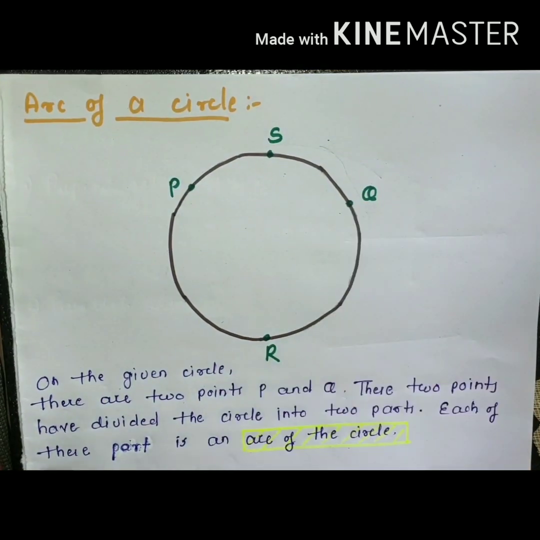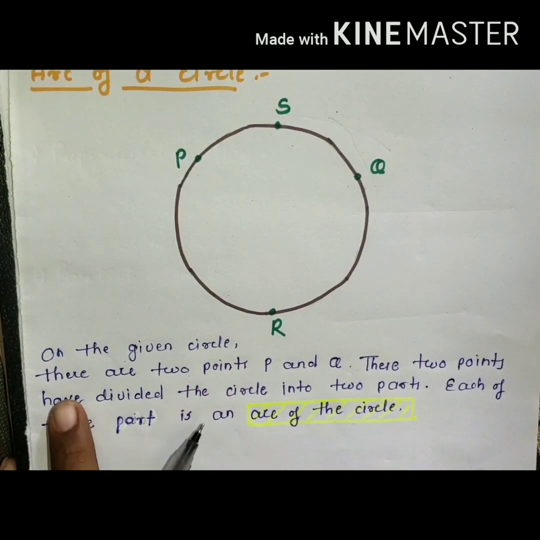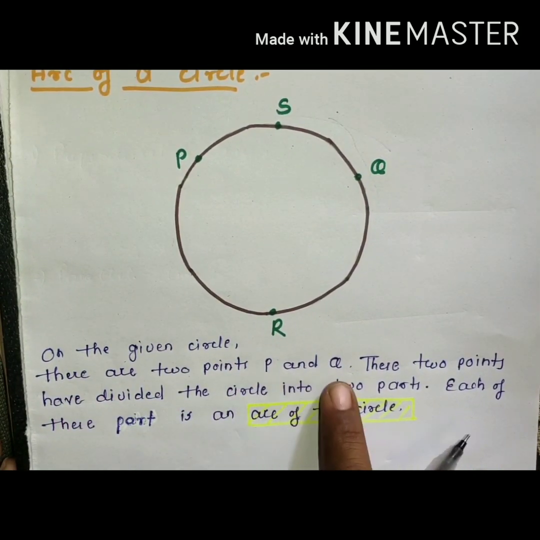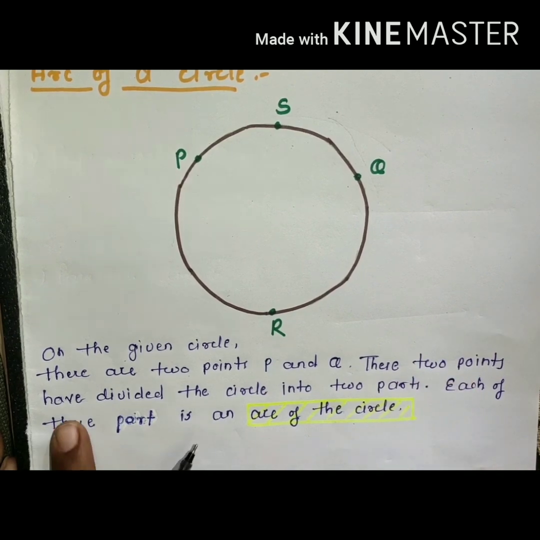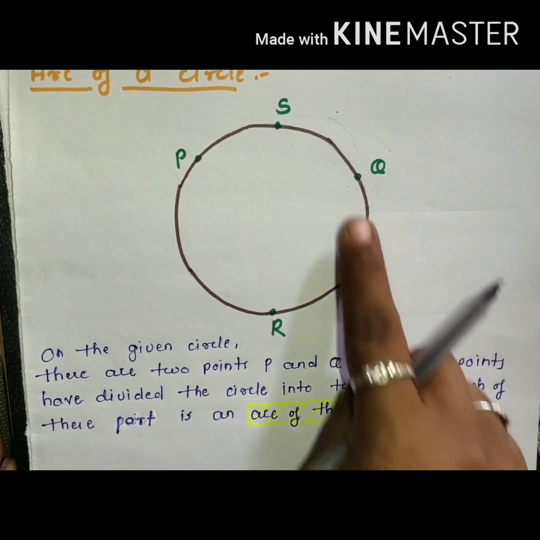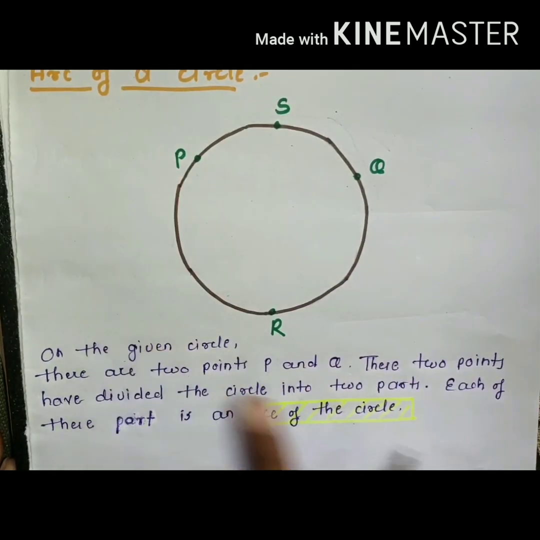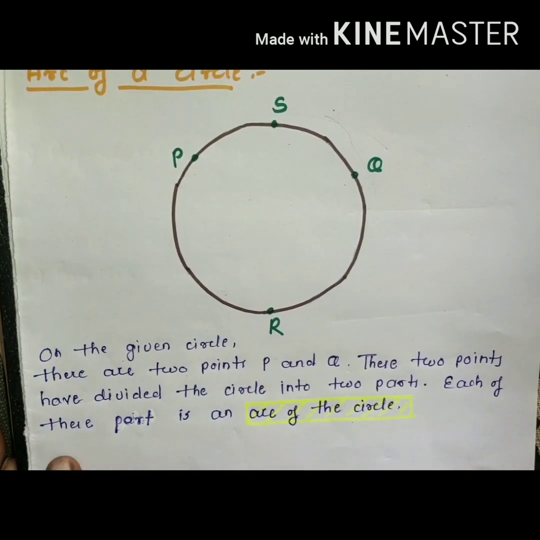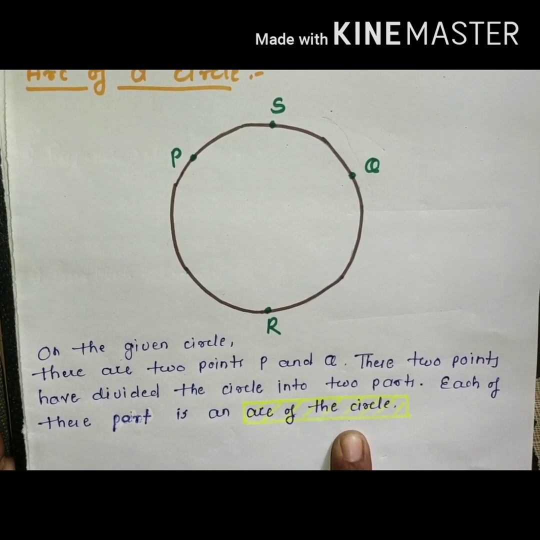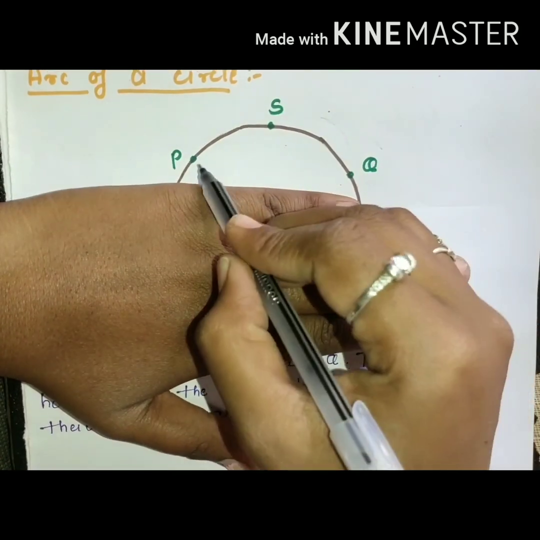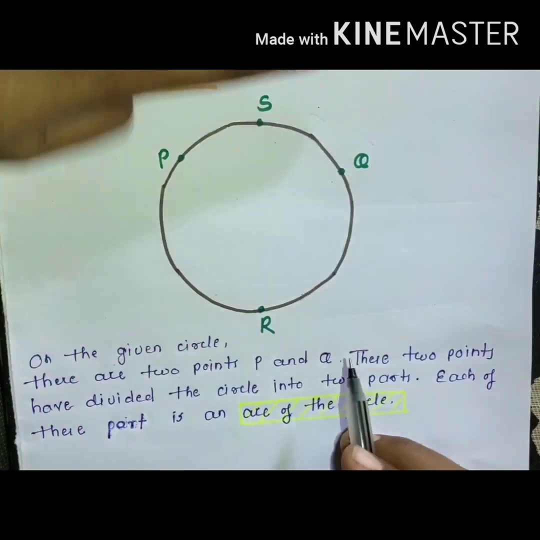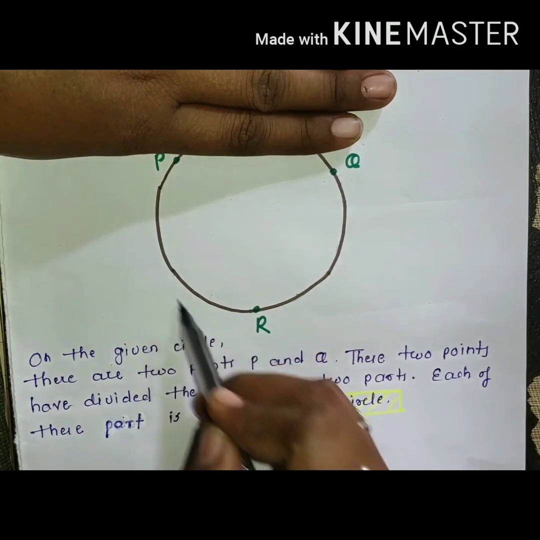Each of these 2 parts is called an arc of the circle. This is the first arc and this is the second arc.